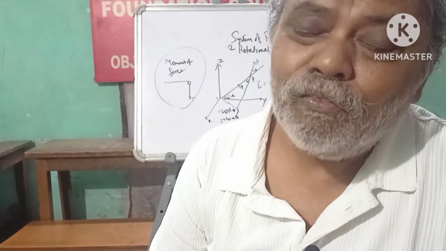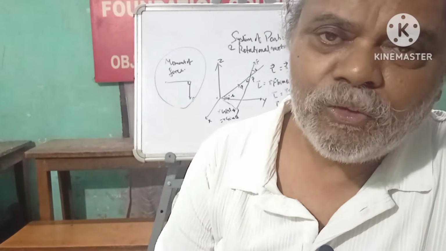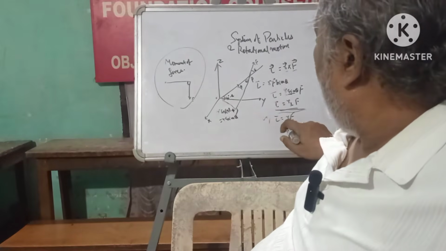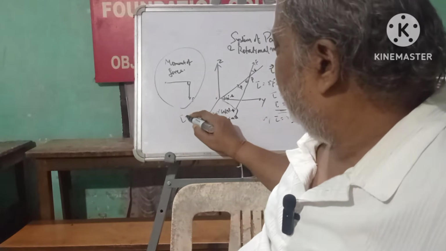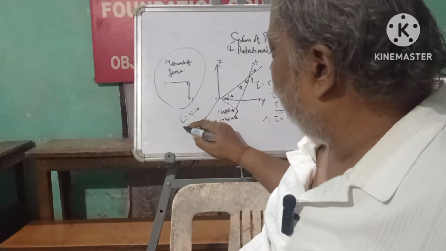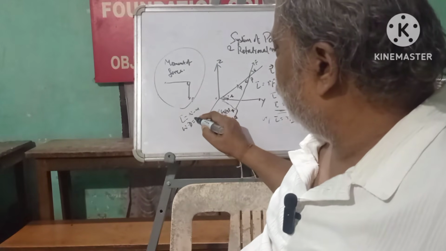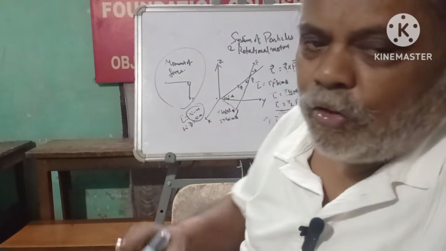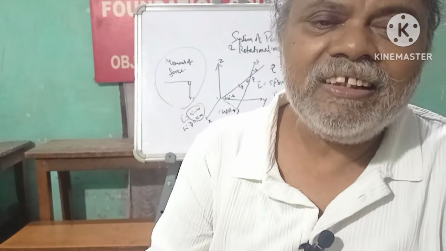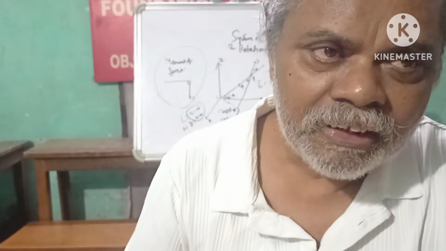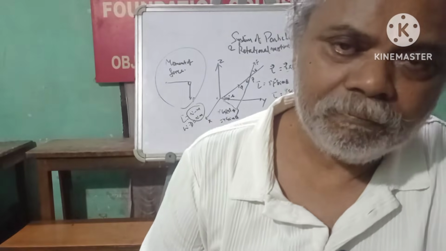Torque is r F, that means force times meter, Newton meter, and work done is also Newton meter. They have the same unit and dimension. So we can say that torque is analogous to work done in linear motion.